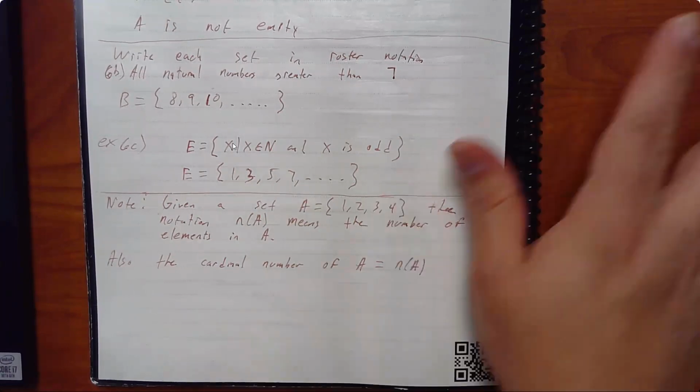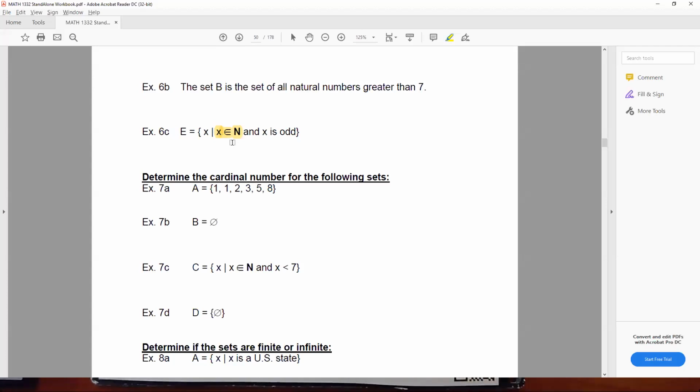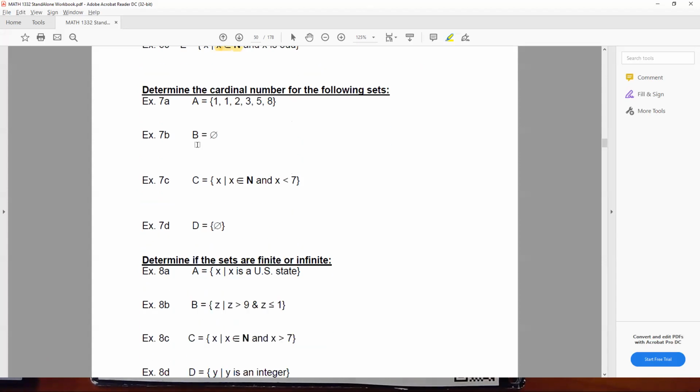So in that first one, 7A here, what would be the number of elements in A? So it's only referring to the number of unique elements.